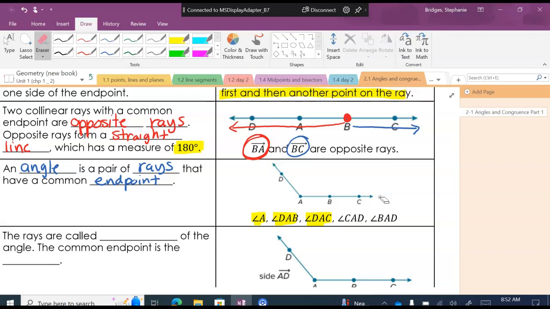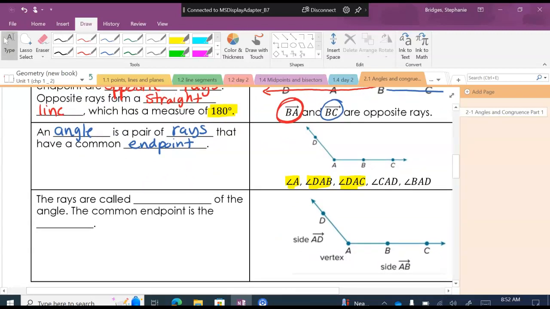So we can switch it around. We can call it angle CAD, and we can also call it angle BAD. So several different ways we can name angles. If it's just one angle, you can use just the vertex, so angle A. If not, you use 3 points. The middle point has to be the vertex. Everybody okay with that?